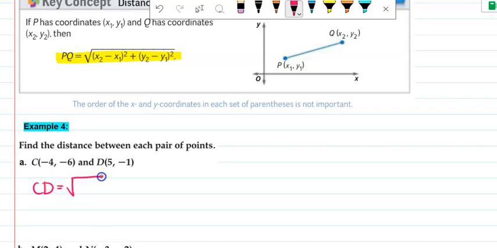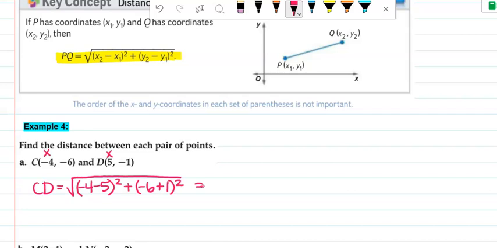All right, so we're going to have the square root, parentheses. Our x's, remember, come first. So -4 minus 5 squared plus -6 minus a -1, which would make it a +1. You can do this a couple different ways. If you want, you can plug this all in your calculator and figure out what it is.